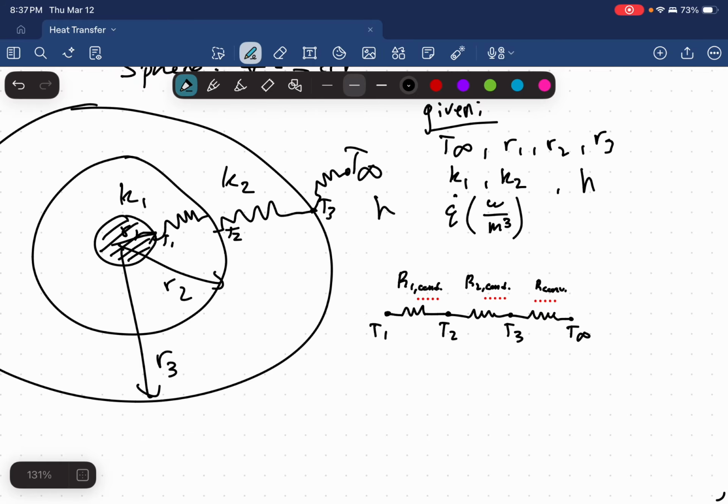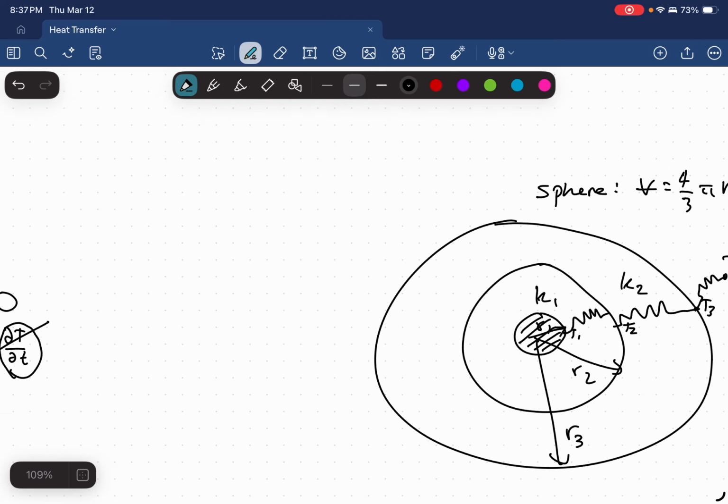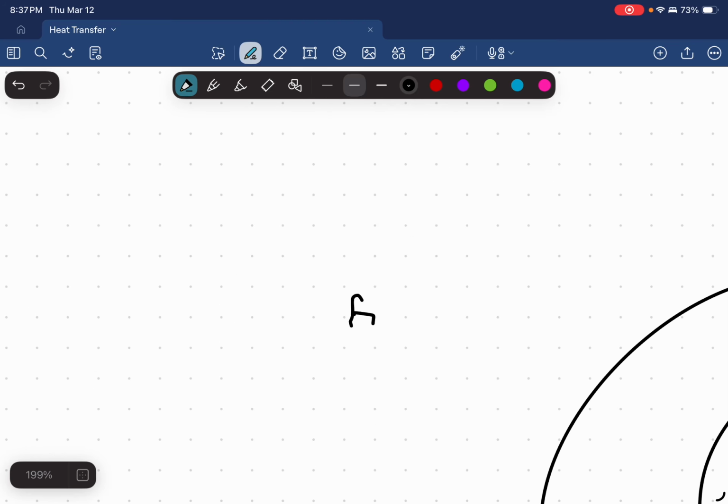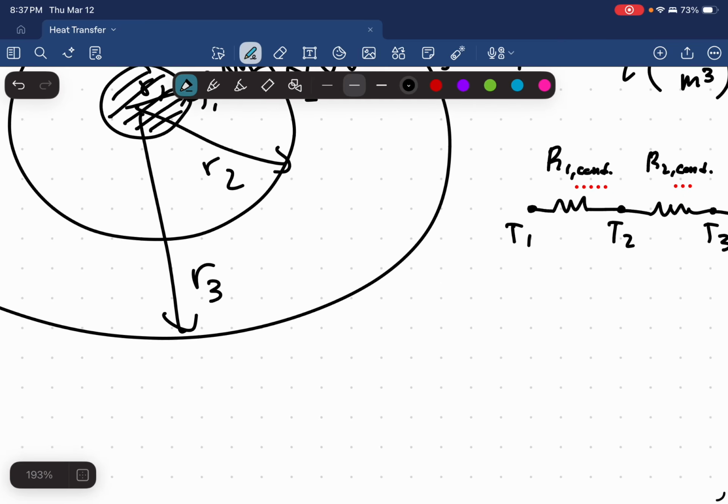So in this problem, let's say we're trying to find T1, T of R, and again, let's try and find the maximum temperature. This is normally what would be asked for these types of problems.